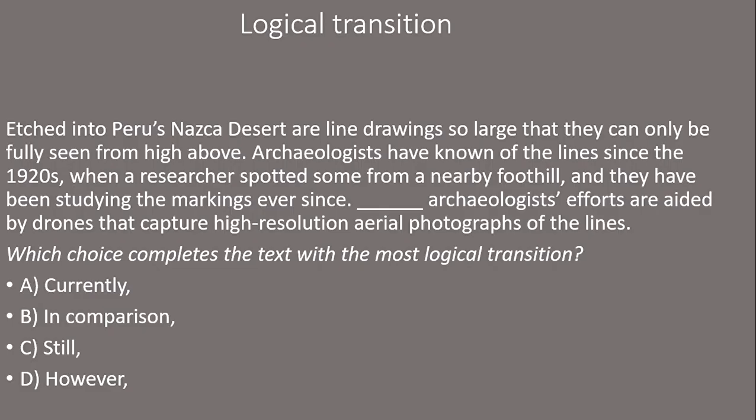Blank, archaeologists' efforts are aided by drones that capture high-resolution aerial photographs of the lines. Okay, so the information here is simply presenting a discovery and then what has happened since this discovery was made. And it seems work is still ongoing on this particular project.